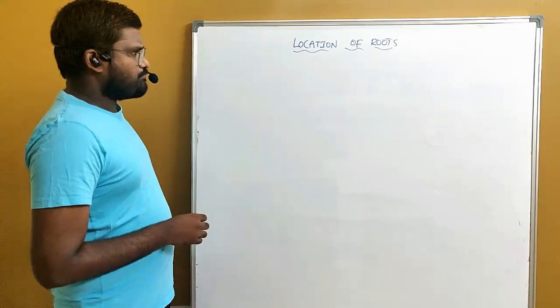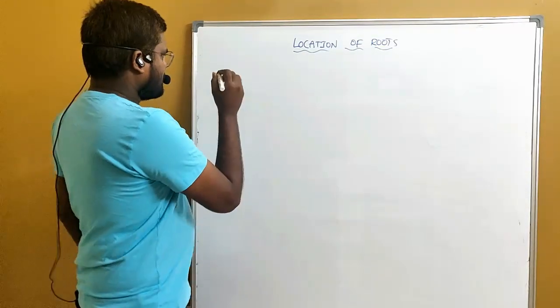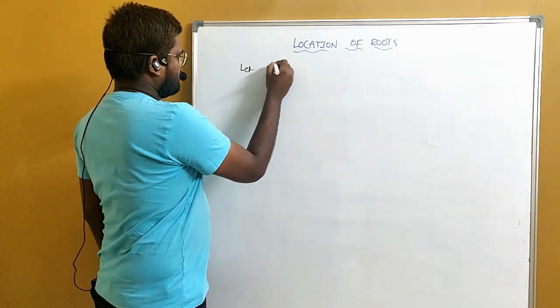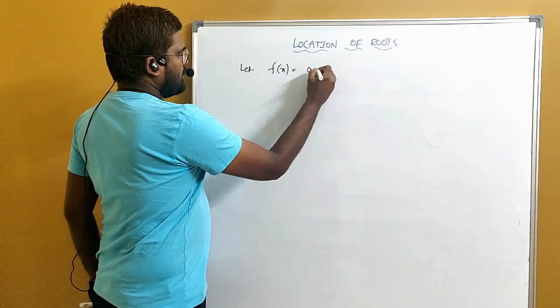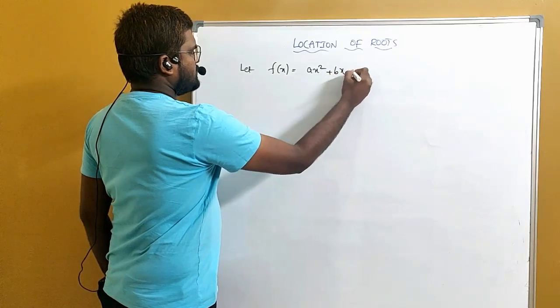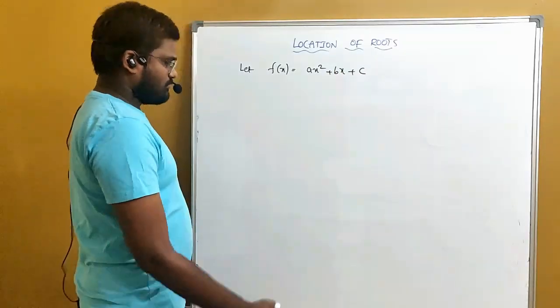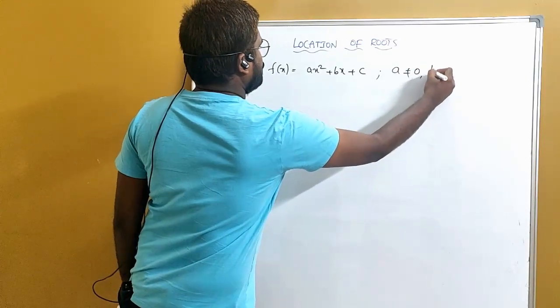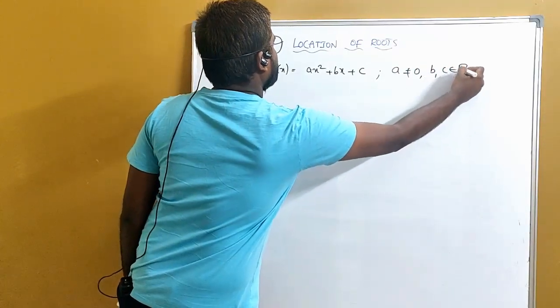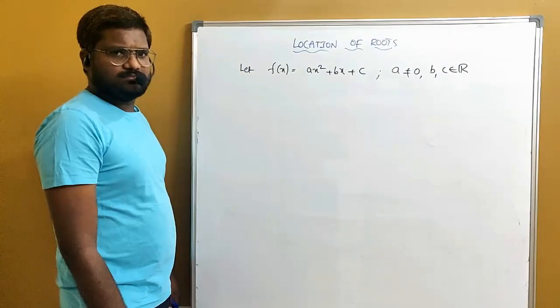It's very simple. I'll consider a quadratic equation like this: ax square plus bx plus c, where a is not equal to 0 and b, c are real numbers.